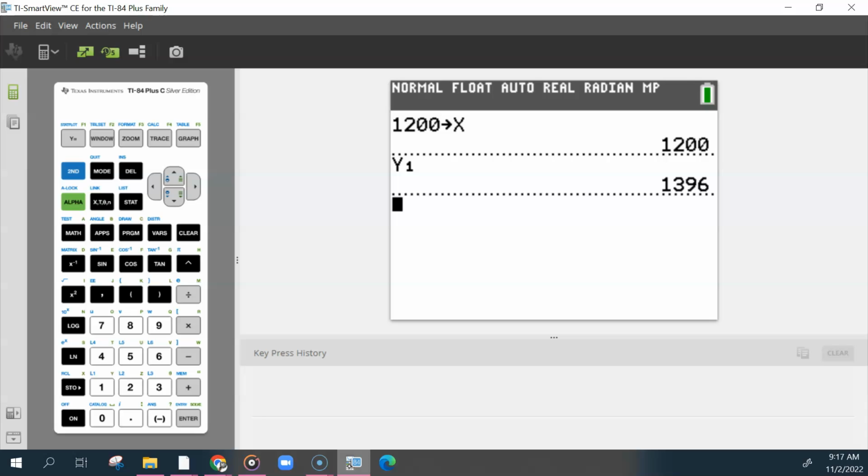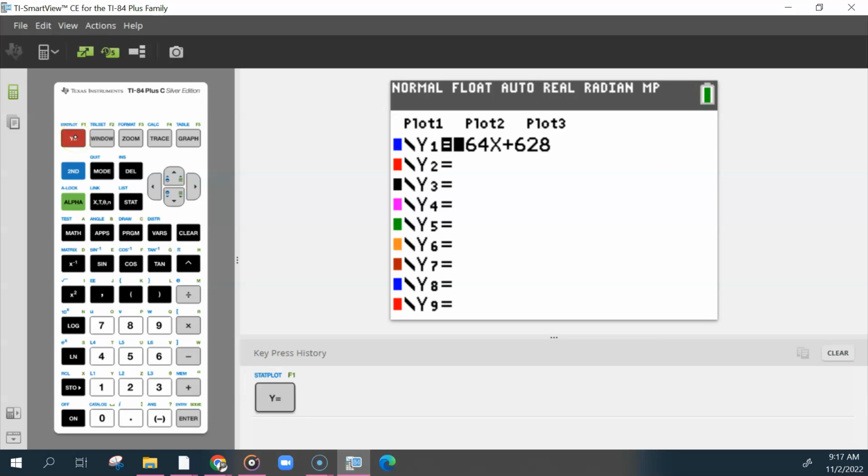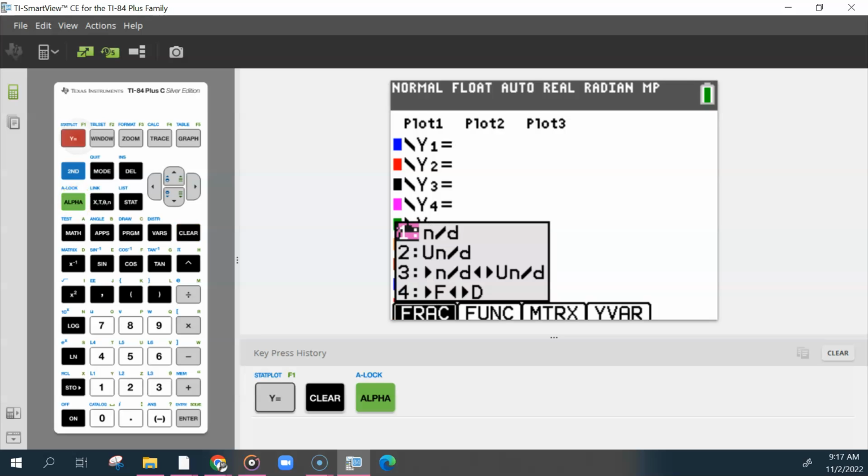In your calculator, you're going to go into y equals at the top. If there's anything in there, clear it out. And we're going to put in both of those equations. Fraction is alpha y equals.